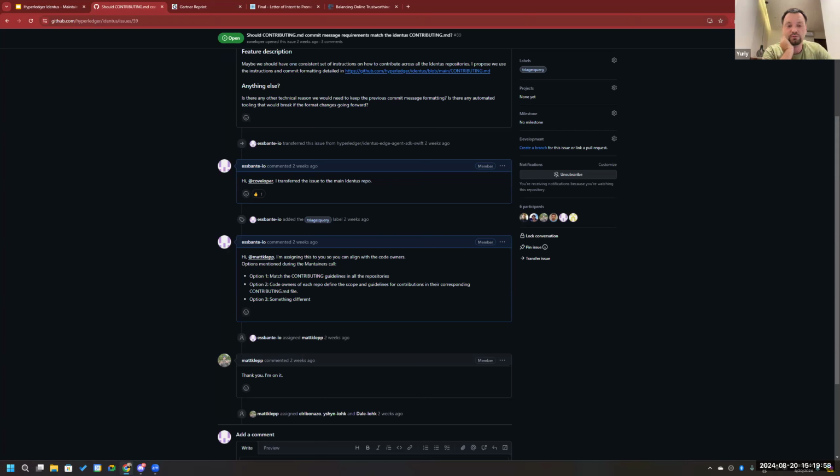Both options are good from my point of view, and please let us know if anything else should be added to this contribution MD, or if there are items that are unclear for you, because we really want you to start contributing to the project, and it shouldn't be a blocker if you don't know how to define the convention for the commit message.